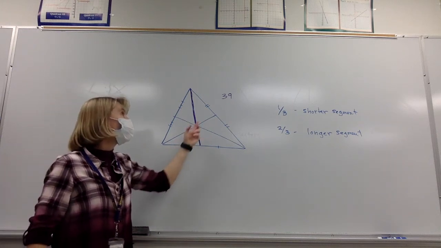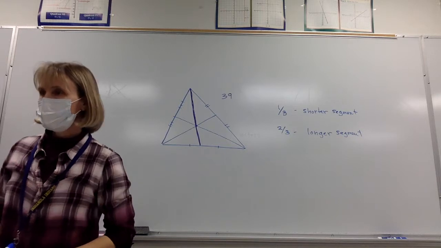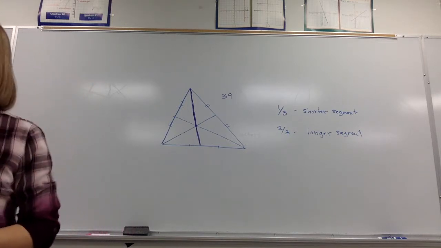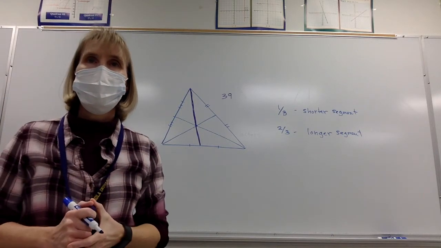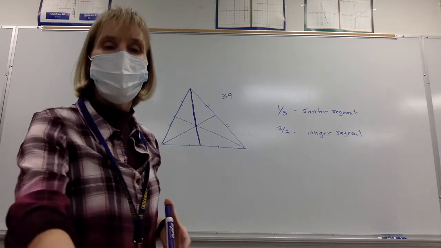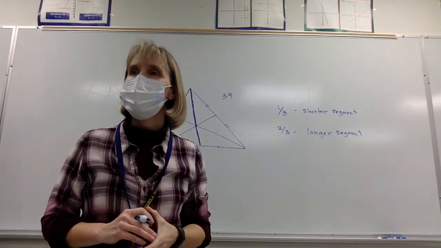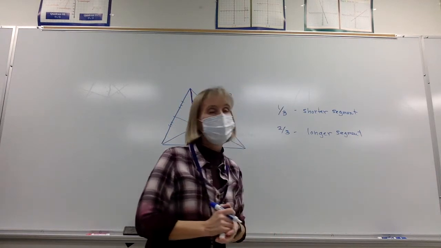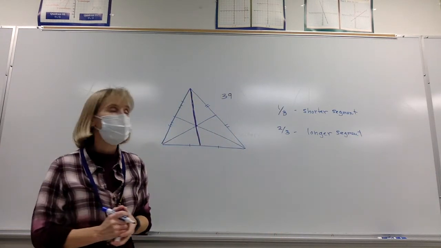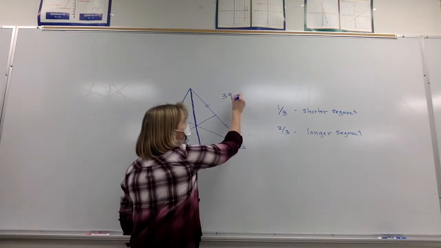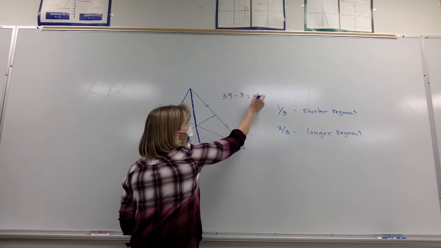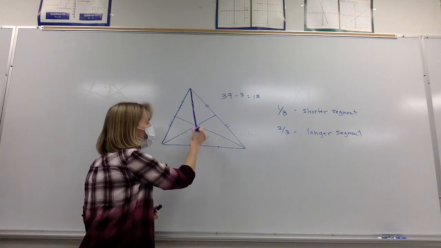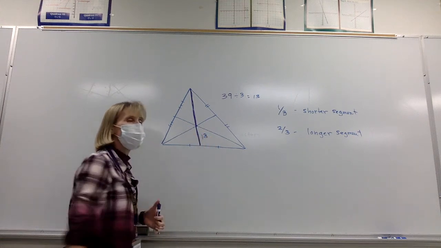So how do I come up with 1/3 of my total? How would you come up with 1/3 of a number? Divide it by 3. That's right. If you want 1/3 of something, you divide it by 3. So if I take 39 and divide it by 3, I get 13, which would tell me that this shorter piece has a distance of 13 units.